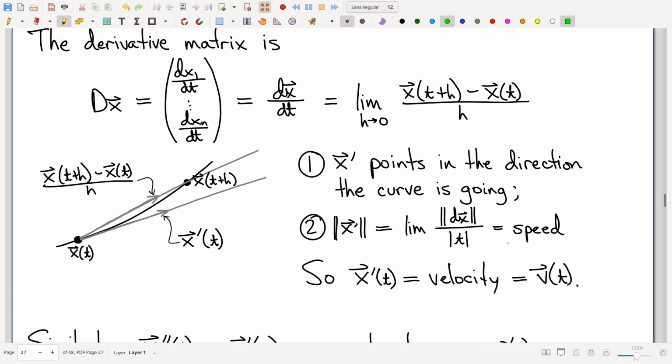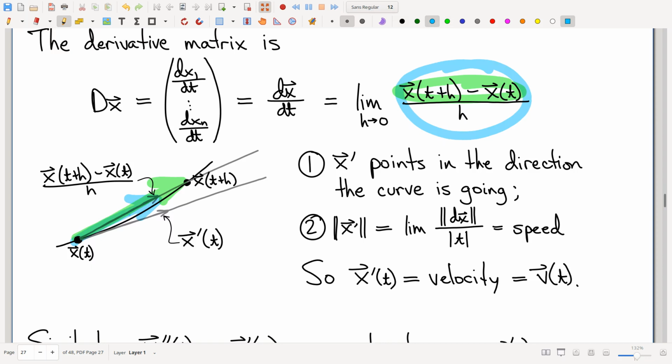The analysis we're going to make actually will be kind of familiar. You will notice that this difference, the difference between 2 points on our parametric curve, and then when I divide that by h, that's going to give me a vector pointing in kind of the same direction, maybe a little shorter if h is large.